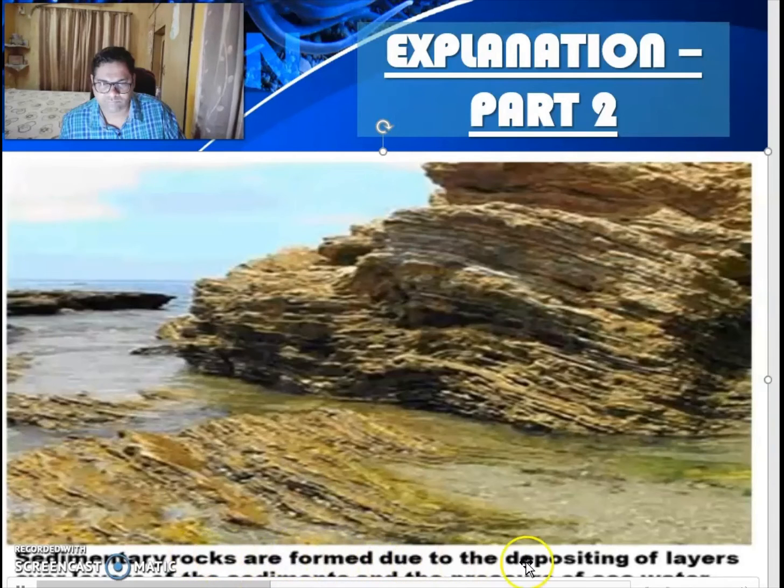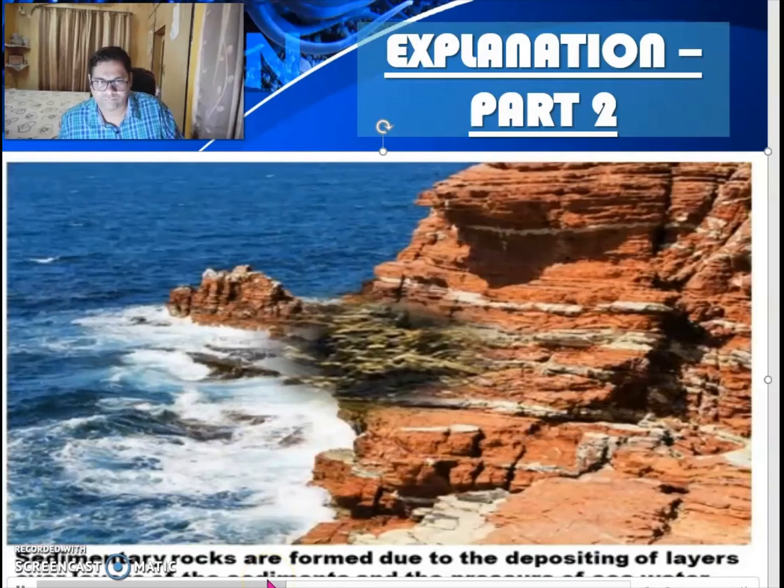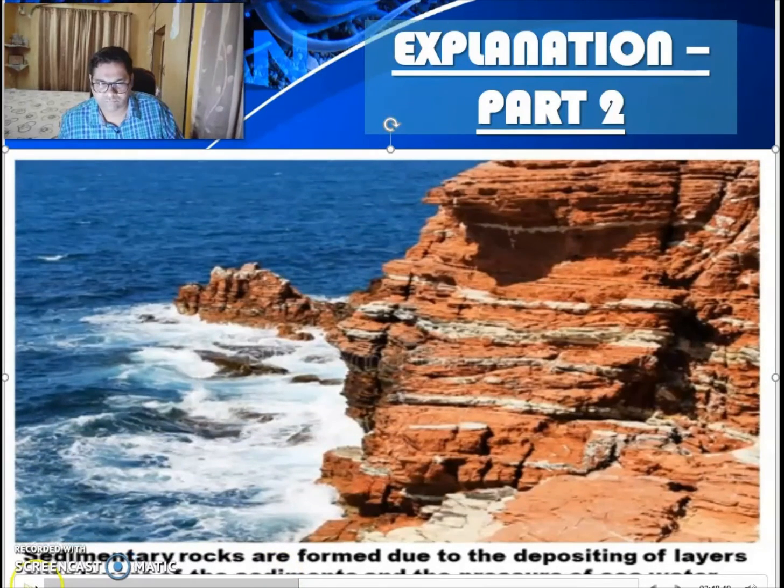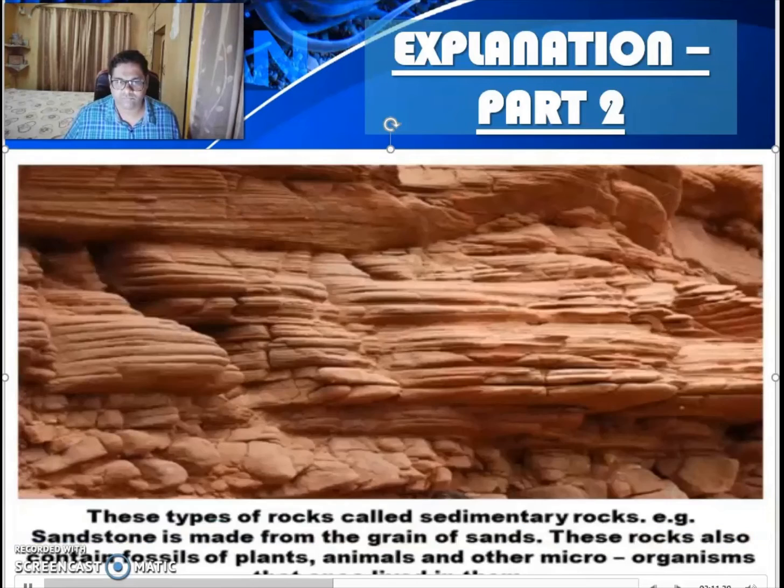Sedimentary rocks are formed due to the depositing of layers over layers of the sediments and the pressure of sea level. Rocks roll down, crack and hit each other and are broken down into small fragments. These smaller particles are called sediments, and these sediments are transported and deposited by the wind, water, etc. These loose sediments are compressed and hardened into firm layers of rocks.